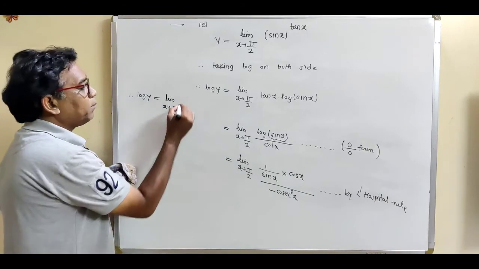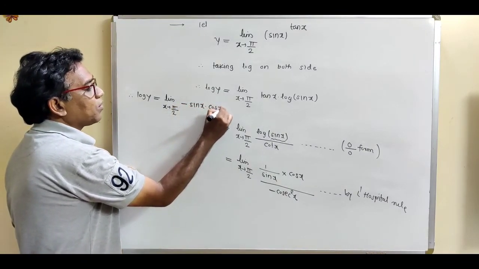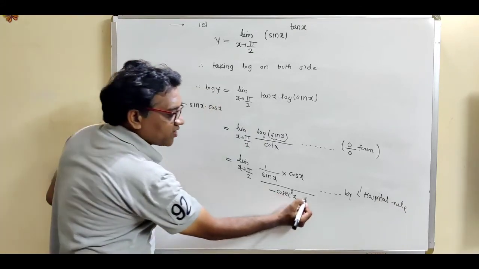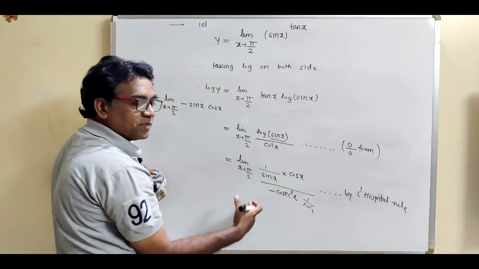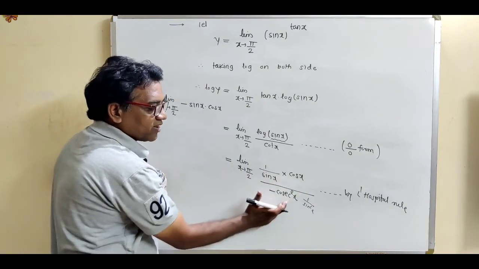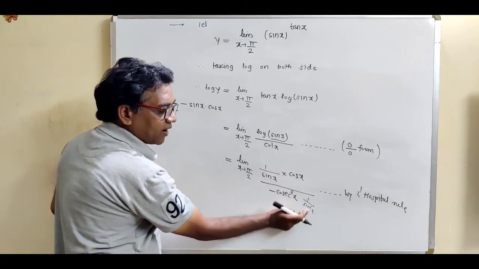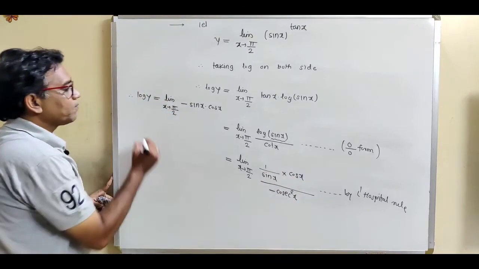So this will be minus sin x into cos x. See, what is this calculation? Cosec square means 1 upon sin square x, and 1 upon cosec x means 1 upon sin x. Now cancel one of the sin x and transform this sin x in numerator. So we get minus sin x into cos x.